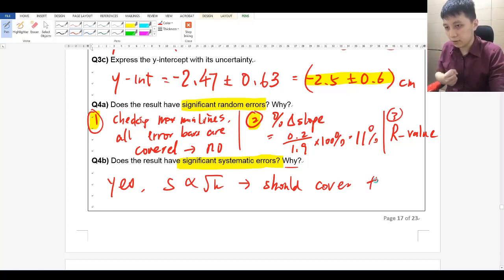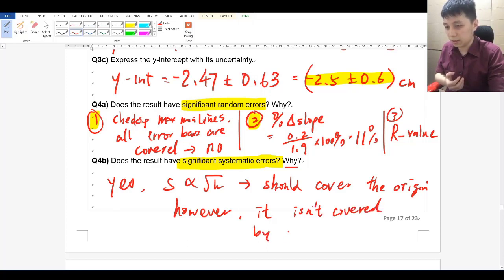However, it isn't covered by the max mean line.